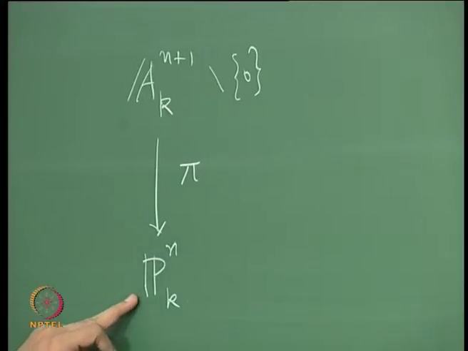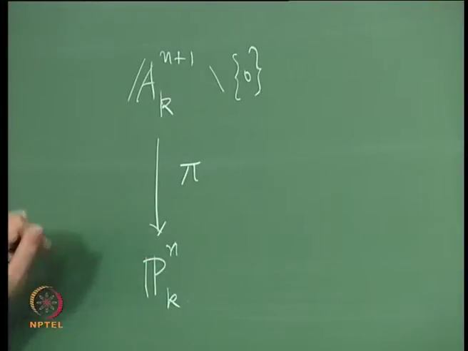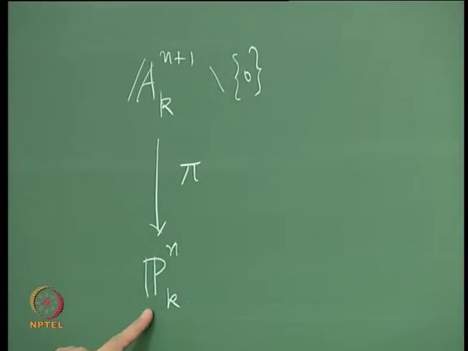The second way is to declare closed sets to be of the form given by common zero loci of a bunch of homogeneous polynomials in n plus 1 variables. Okay, and the third way is to consider an open cover of projective space by open sets which are bijective to affine space, and then transport the variety structure.